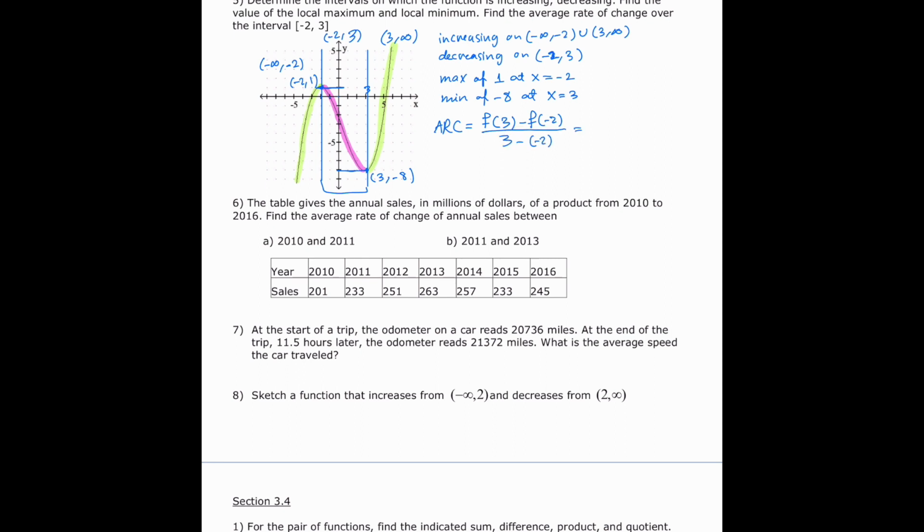So I know that f of 3 is -8 minus f of -2 is 1 over 3 minus -2 is positive 5. So it's equal to -9 over 5, and that is the average rate of change.